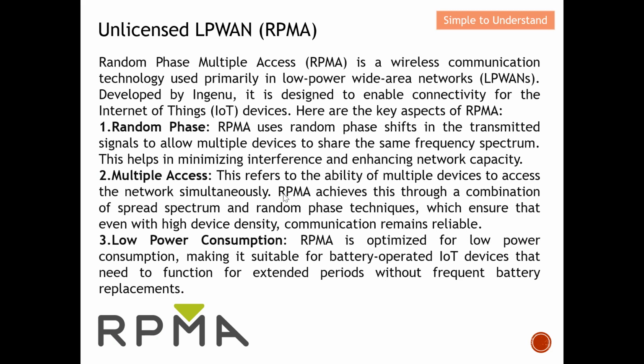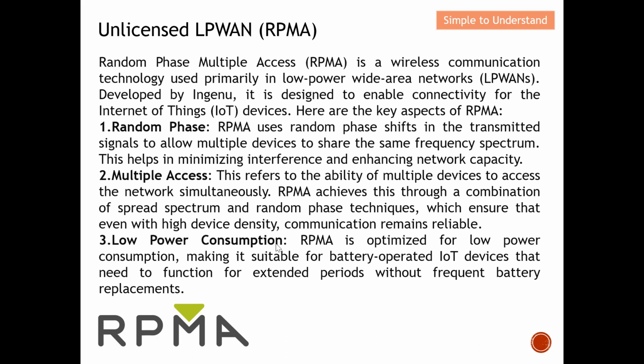Again, they use this random phase to indicate the different devices. So you can imagine that the number of devices they can support is much larger. Under RPMA, they can support the most connected devices, which ensures that even with high device density, communication remains reliable. In short, under unlicensed LPWAN, RPMA can support the most connected devices.